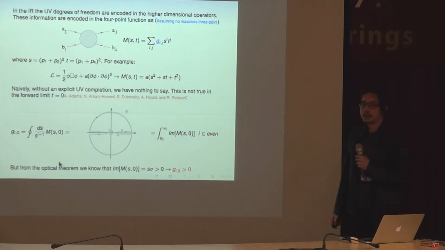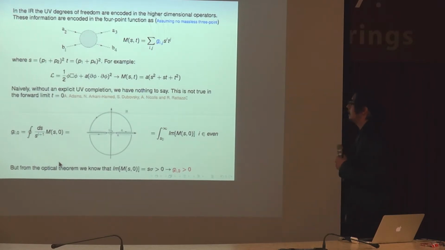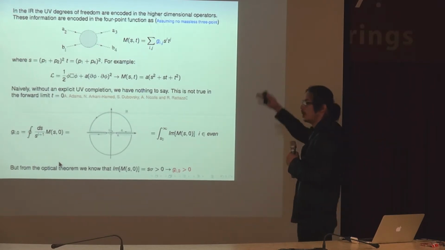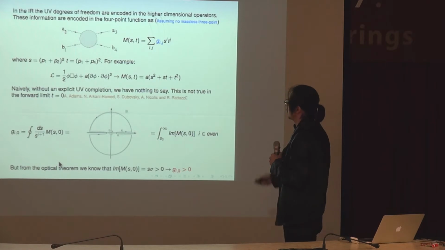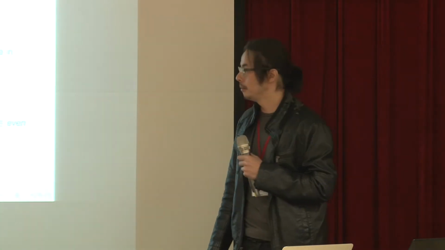So for effective field theories, you can talk about these coefficients in your polynomial expansion. Now, naively, you would say that without knowing what the UV completion is, there's really nothing you can say about these coefficients. This is the naive point of view.